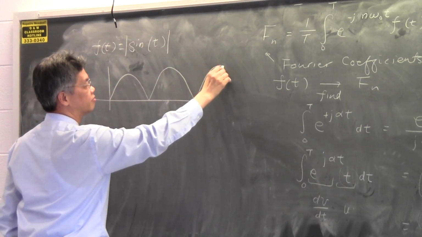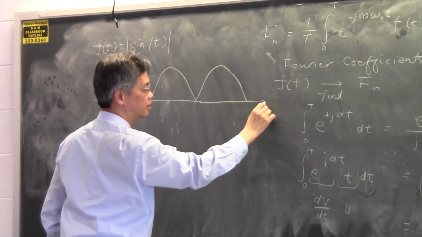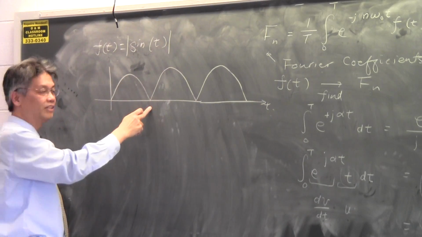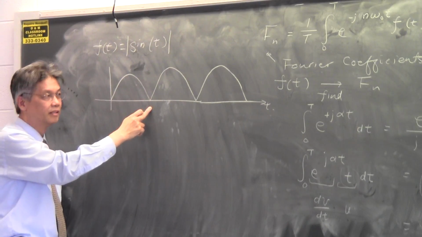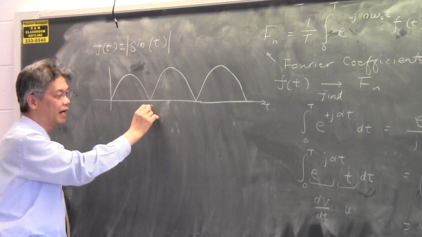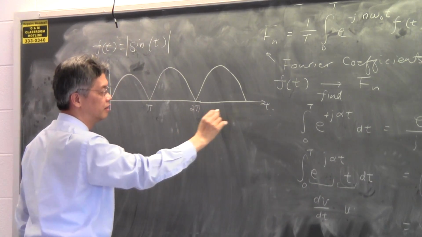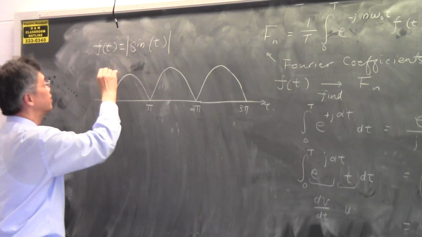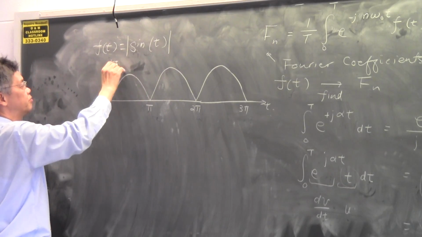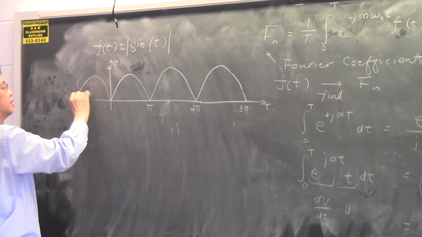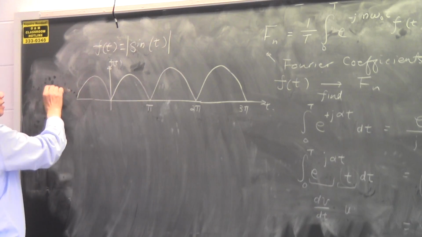So this is a periodic function for sure. Where is this value that it goes to 0 again? t equals pi, 2 pi, 3 pi. So this is a function with period of pi. It goes on and on.